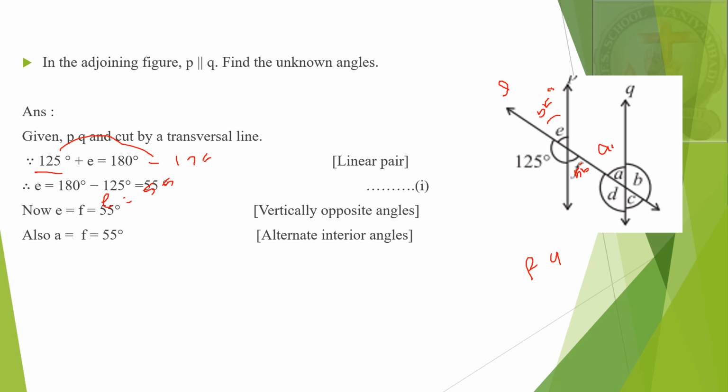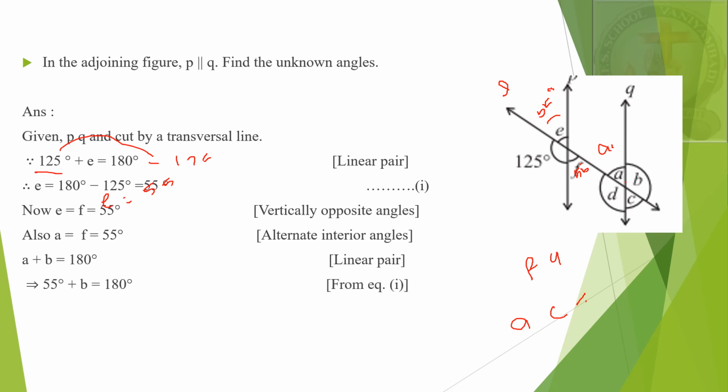Angle A is 55 degrees. Now angle A and C are vertically opposite angles, and vertically opposite angles are equal in measure. So A plus B is also 180 degrees. If you solve this, A value is 55 degrees.